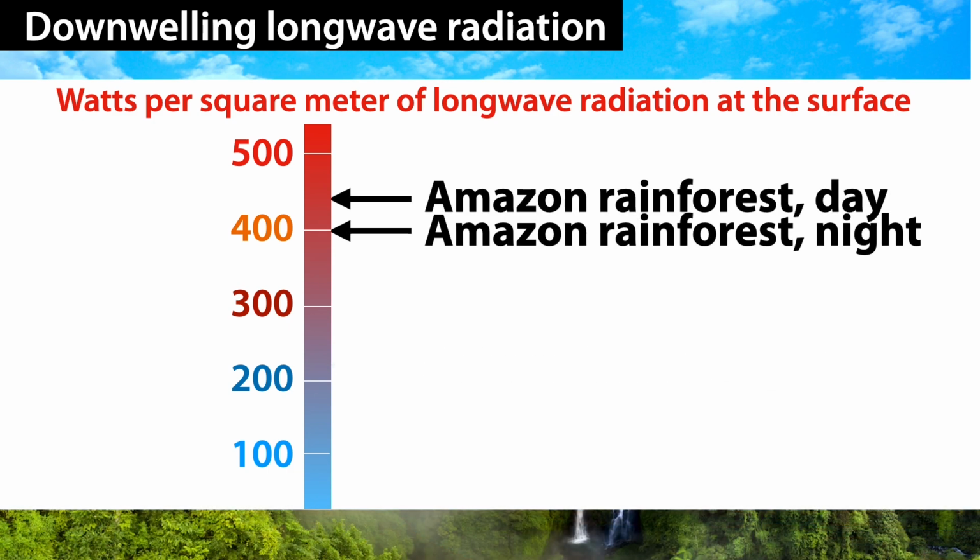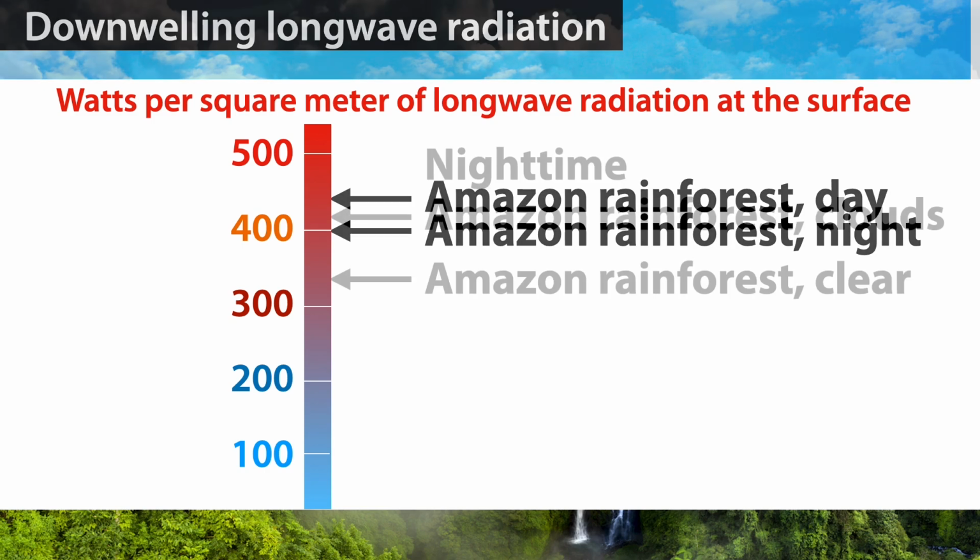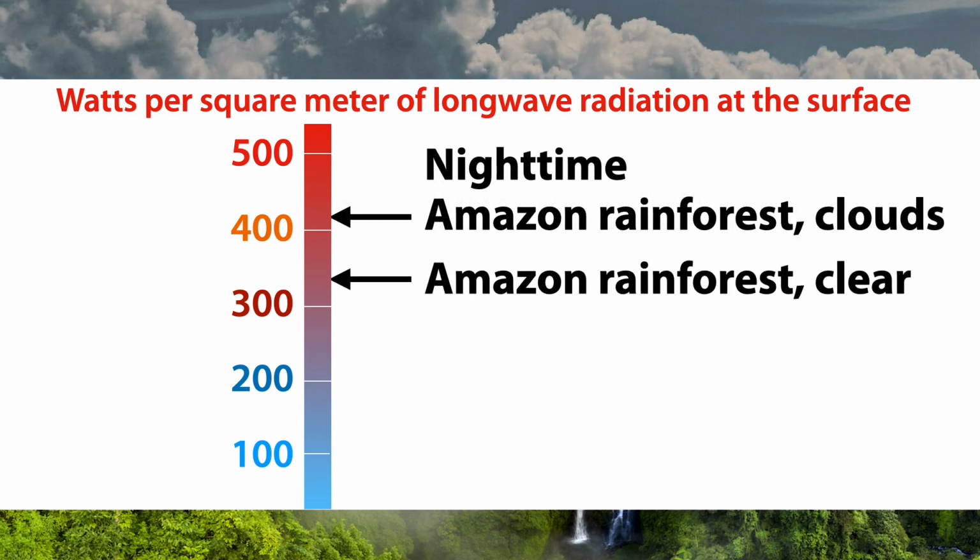In the rainforest, there's a smaller difference between day and night because water vapor is doing most of the work to keep sending energy back down, delaying its escape to space. During the day, evaporation pumps most of the energy into clouds and up to the top of the atmosphere to escape. At night, the greenhouse effect is huge, but water vapor dominates. Now let's add clouds.